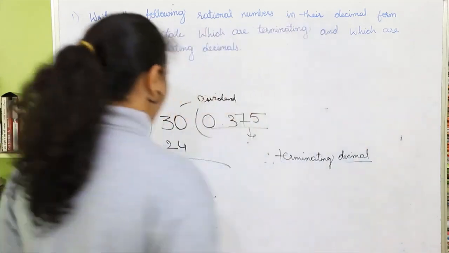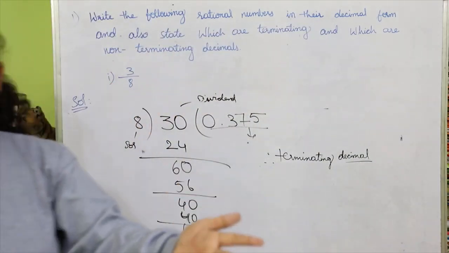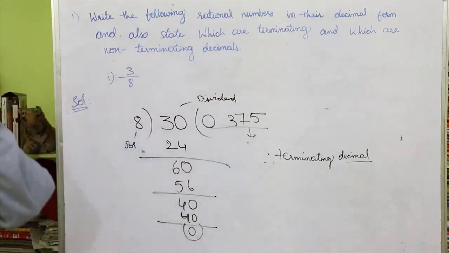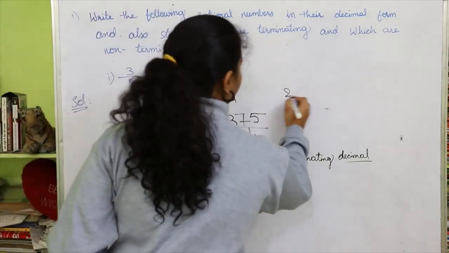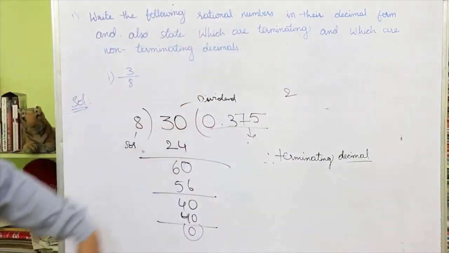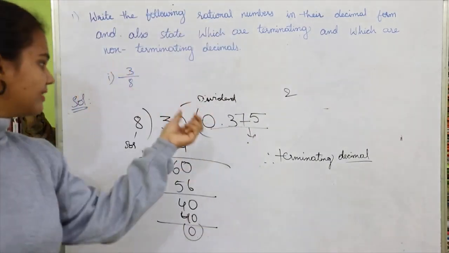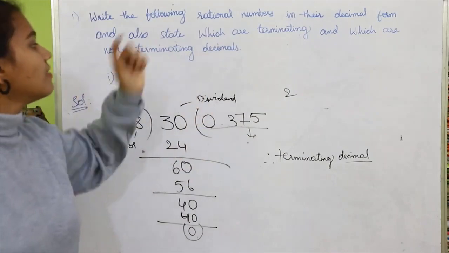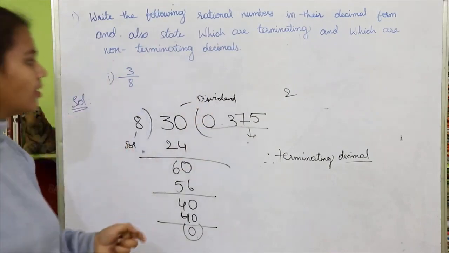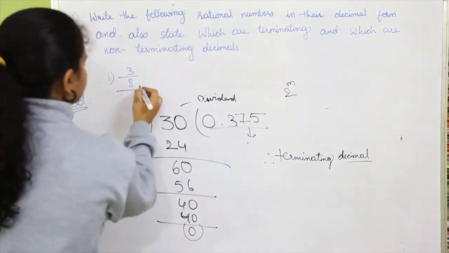Guys, according to the theorem, without doing the division process, you can state whether this is a terminating or non-terminating decimal.